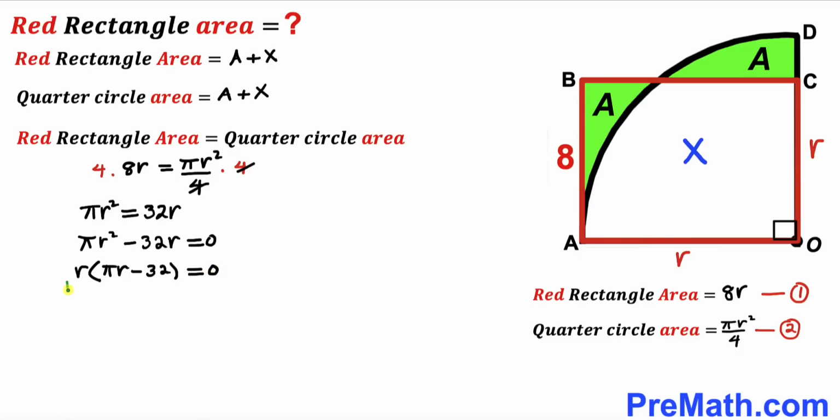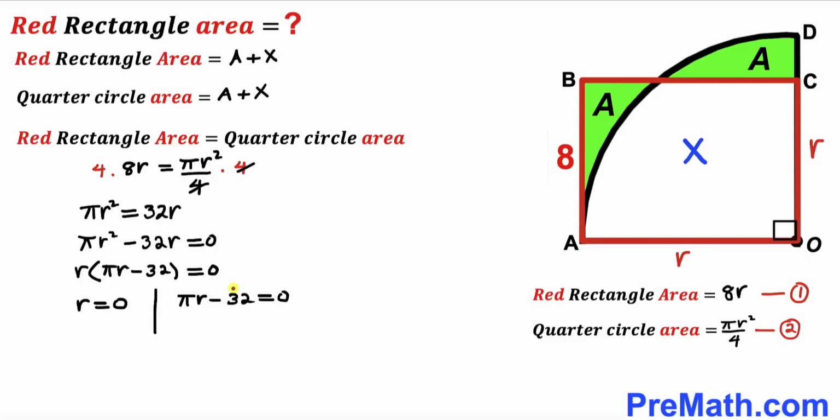Now I am going to separate these two factors. So I can write either lowercase r equals 0, or the other option is pi times r minus 32 equals 0.